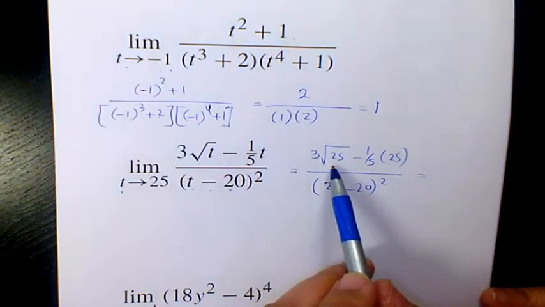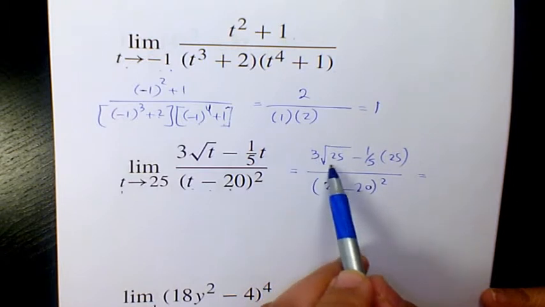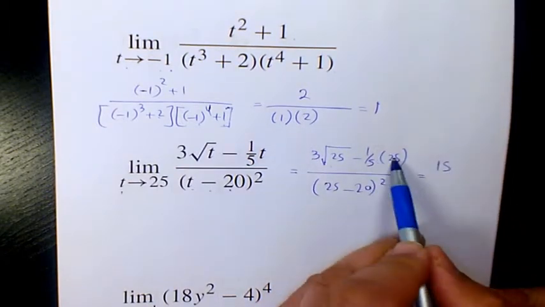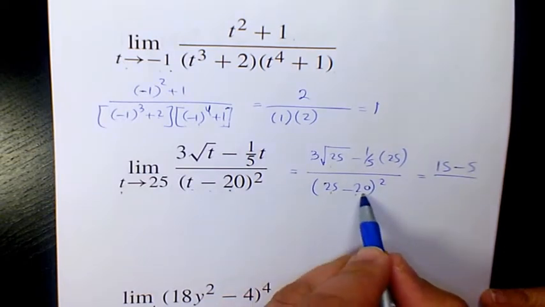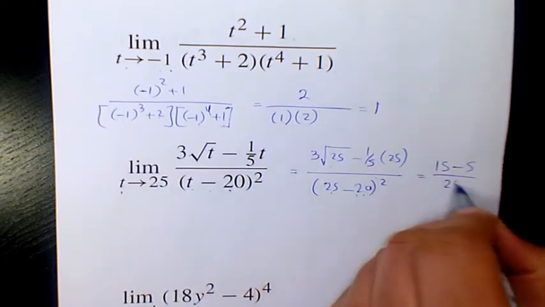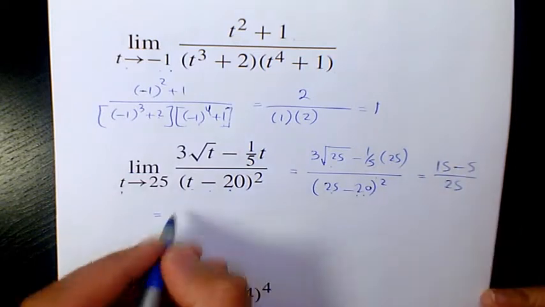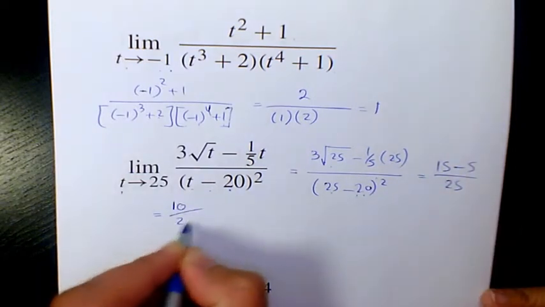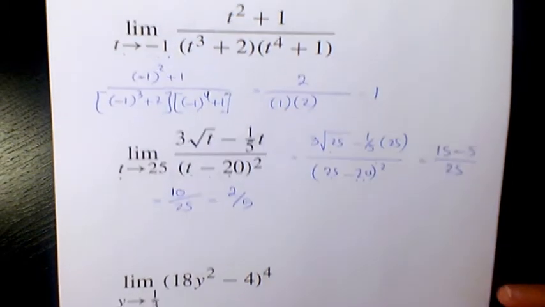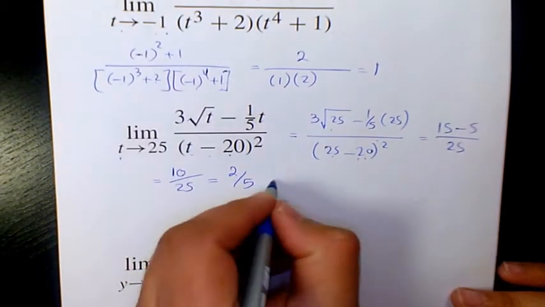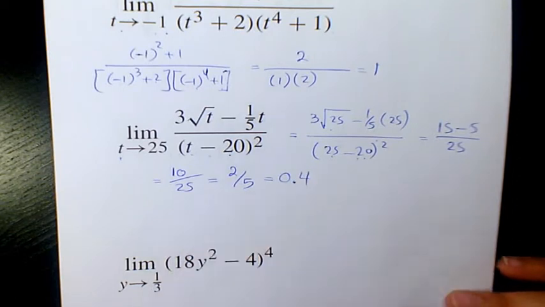Square root of 25 is 5, 3 times 5, 15, 25 divided by 5 is 5. 25 minus 20 is 5 to the power of 2, 25. So 15 minus 5, 10, divided by 25, that's going to be 2 divided by 5 if you want to leave it in fraction. If you want to write in decimals, it's going to be 0.4.